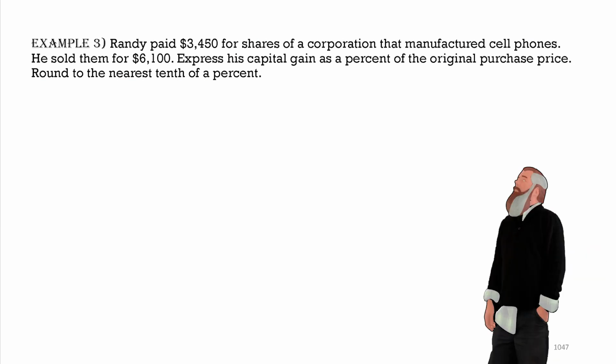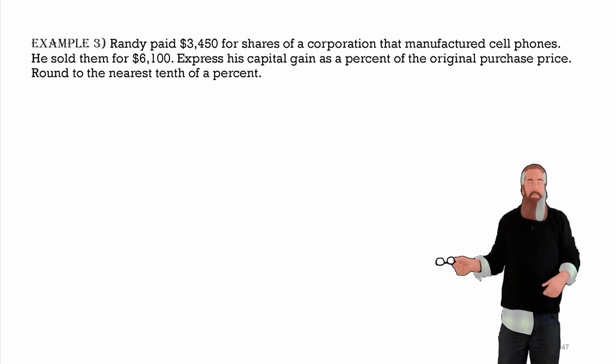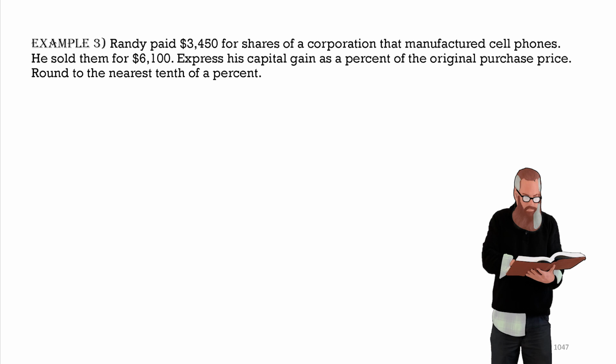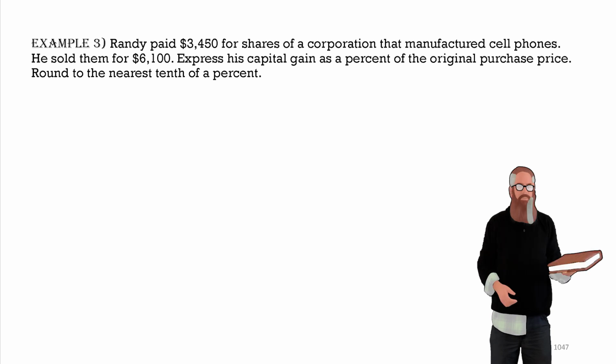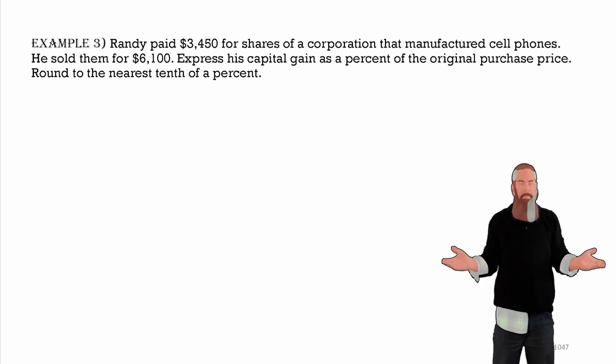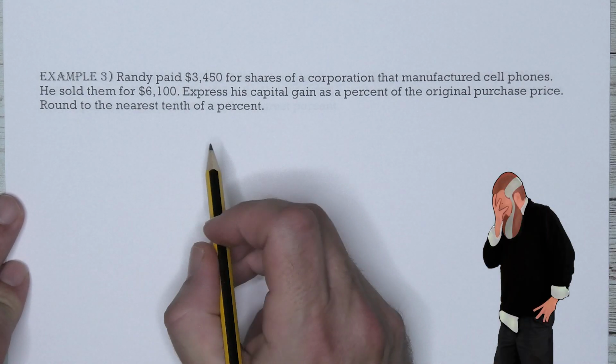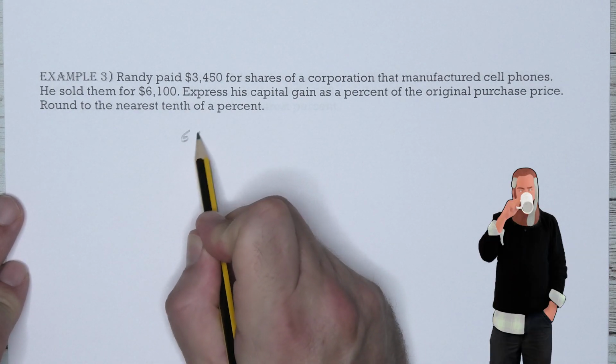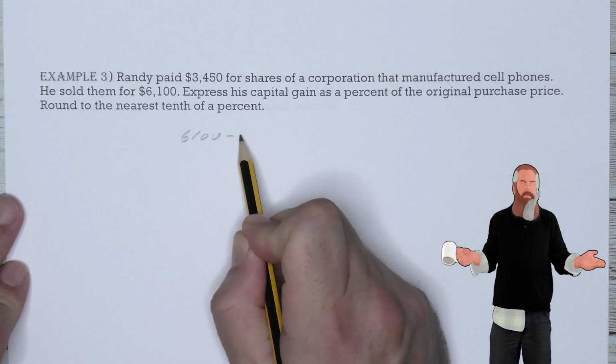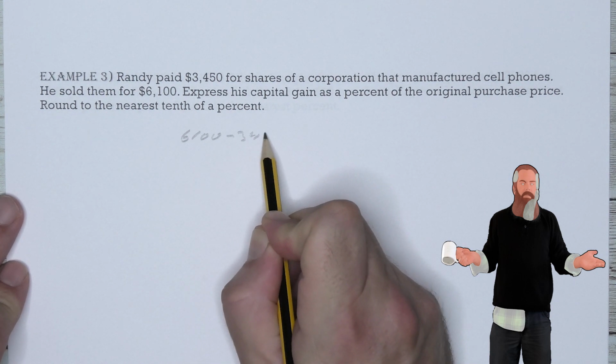Randy paid $3,450 for shares of a corporation that manufactured cell phones. He sold them for $6,100. Express his capital gains as a percent of the original purchase price and round to the nearest tenth of a percent. So we're trying to figure out what this total change is. This means we're going to take 6,100 minus 3,450.